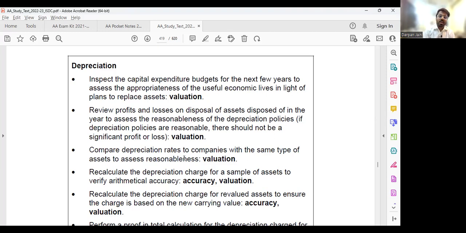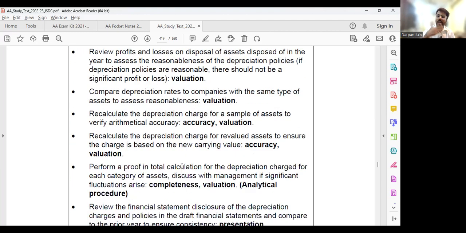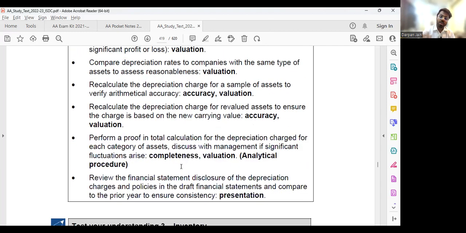Next, compare the depreciation rates to companies with the same type of assets. You can compare the rates of depreciation of this company with another company. Next, you can recalculate the depreciation, or you can perform a proof in total calculation.